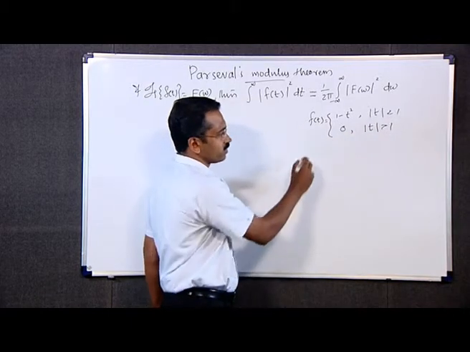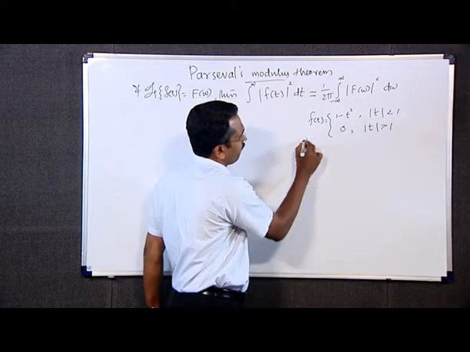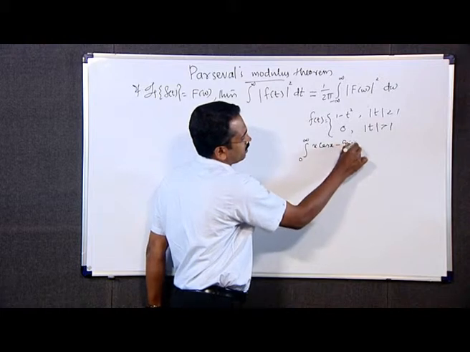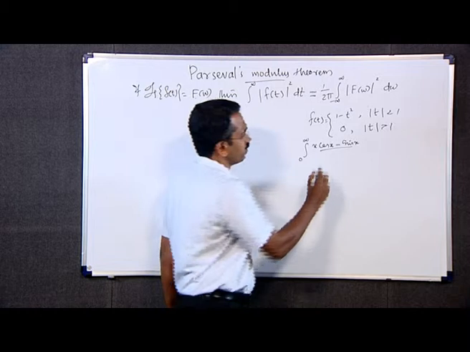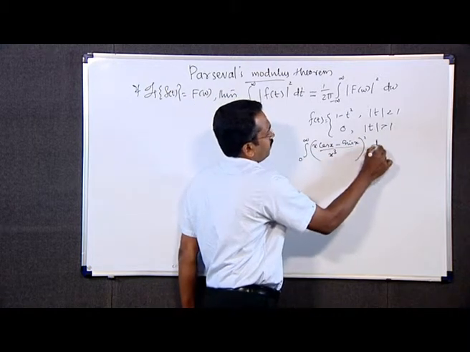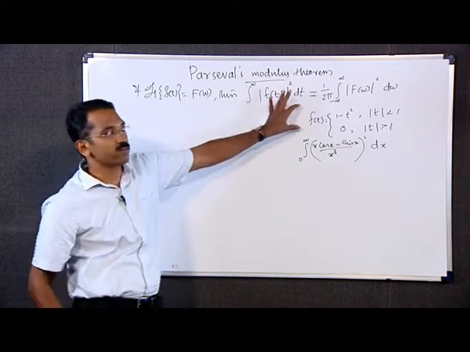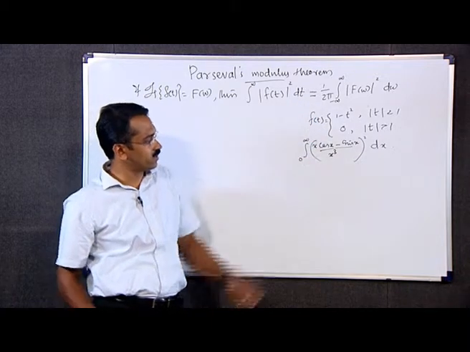Hence, evaluate integral from 0 to infinity x into cos x minus sin x divided by x cube the whole square dx. We have to find the Fourier transform of this function and hence evaluate this integral.